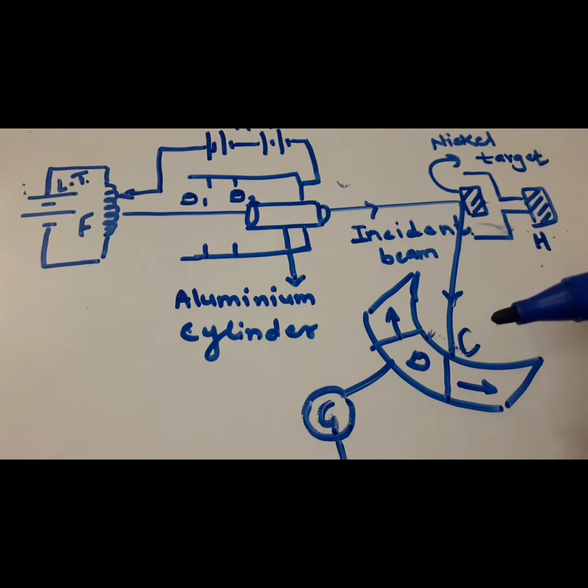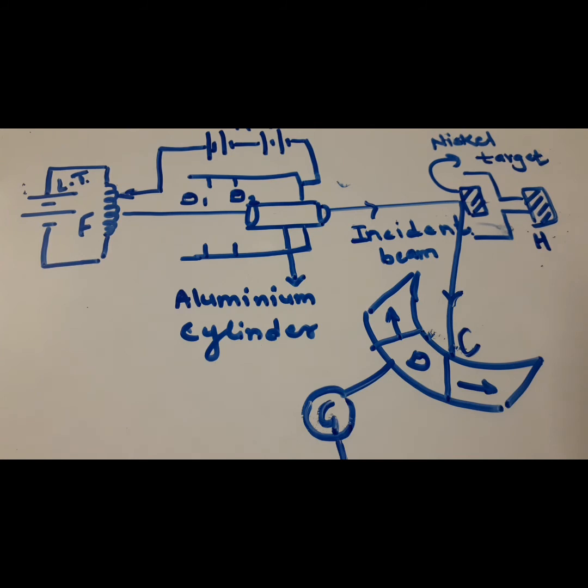The experiment can be performed in two ways. This is the experimental arrangement and the experimental explanation. There are two methods: the first is for normal incidence, and the second one is for oblique incidence.